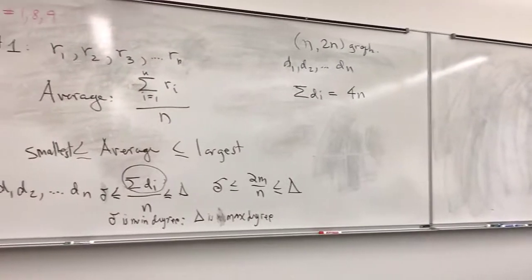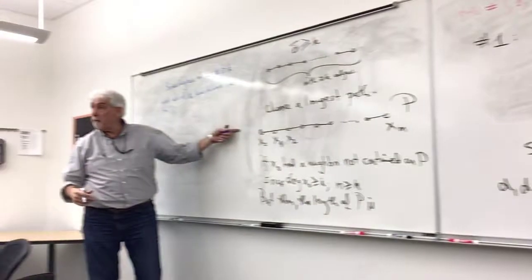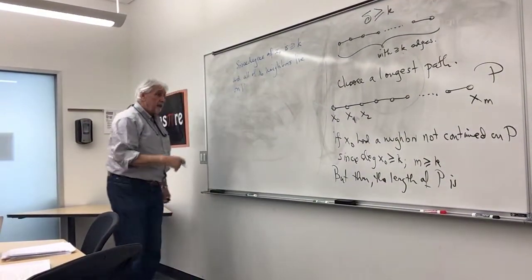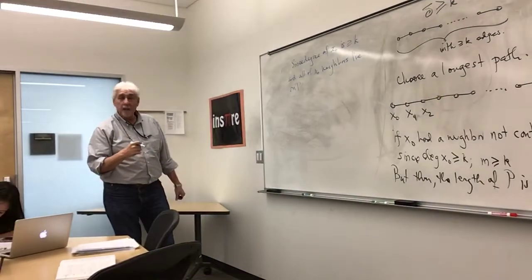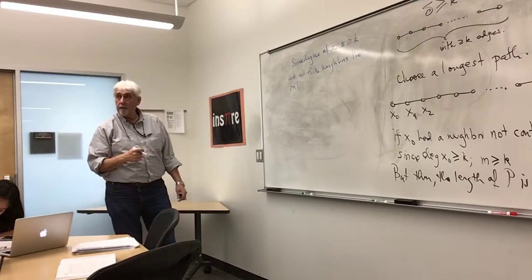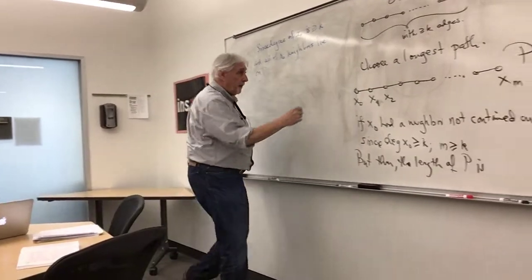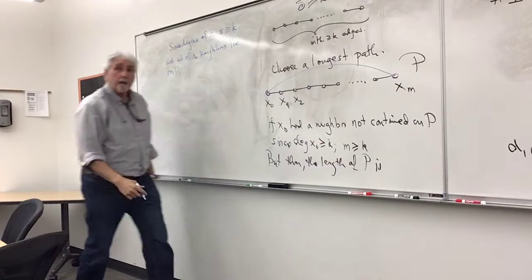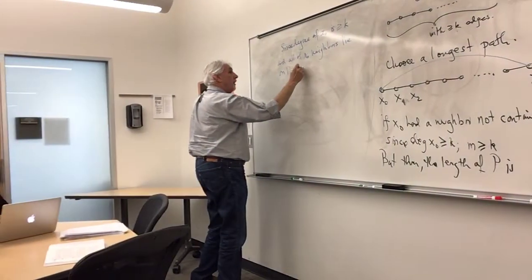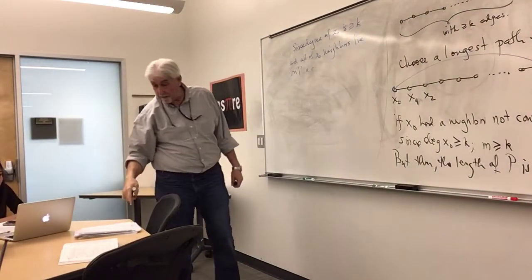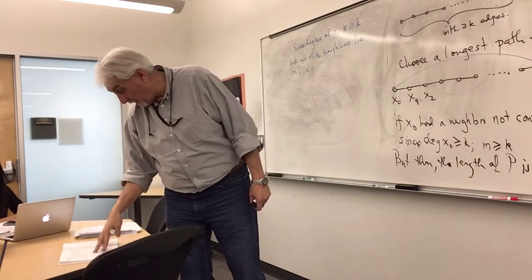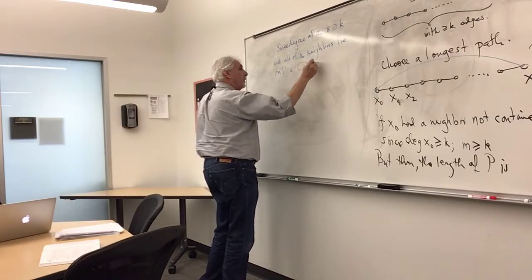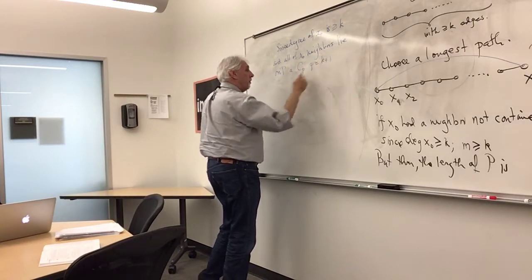Well, we already went through this. If x0 had a neighbor off of P, this wouldn't have been the longest path. Yeah. Okay, since all of x0's neighbors lie on P, a cycle C_p where p is greater than or equal to k plus 1 must exist.